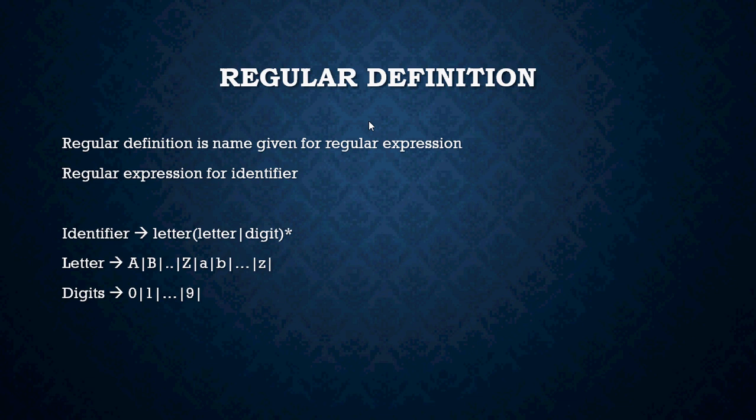A letter can be a capital alphabet from capital A to capital Z, or a small alphabet from small a to small z, or a combination of both; capital and small letters can appear in combination. And digits range from 0 to 9. Every notation should be represented with its meaning using a regular expression, and these are called rules. When you just name the rules, that is called the regular definition of regular expressions.